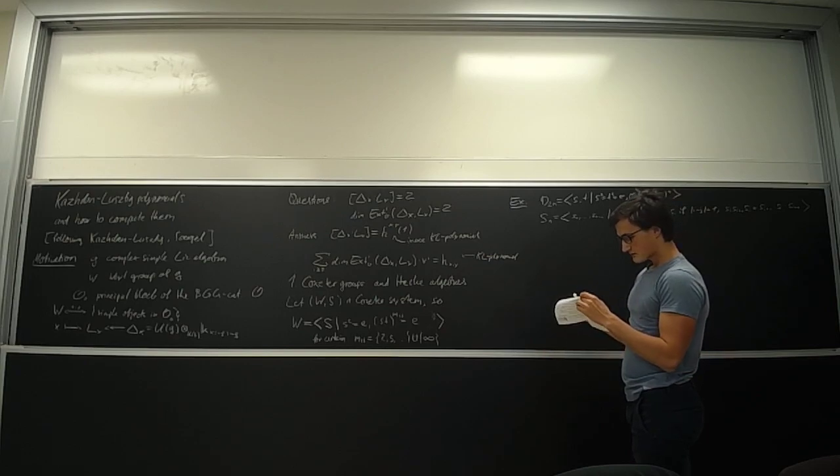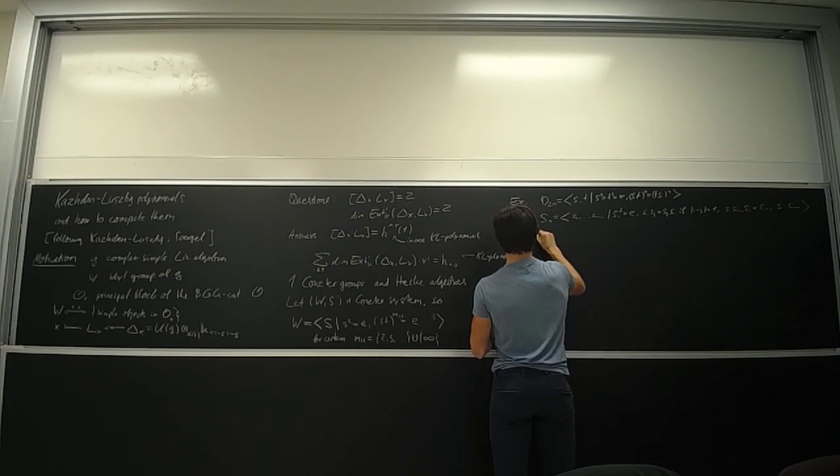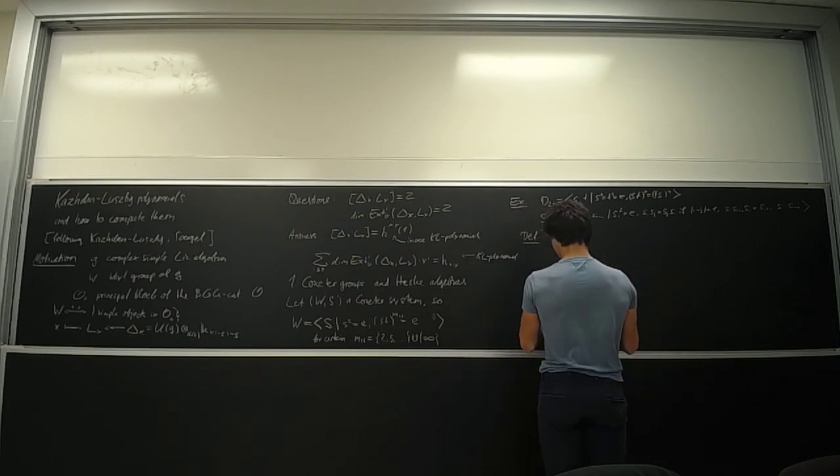Now, given any such Coxeter system, you can define a Hecke algebra as follows.